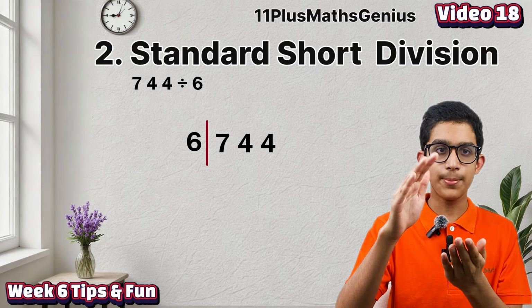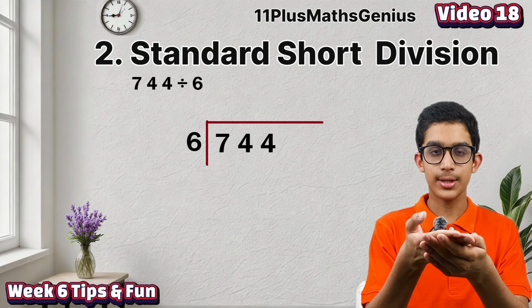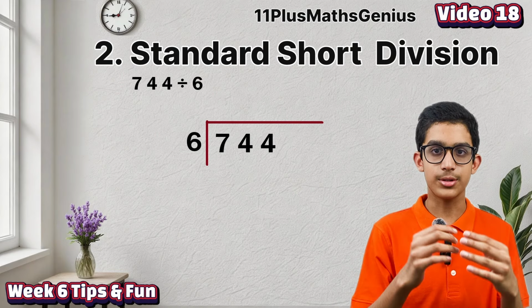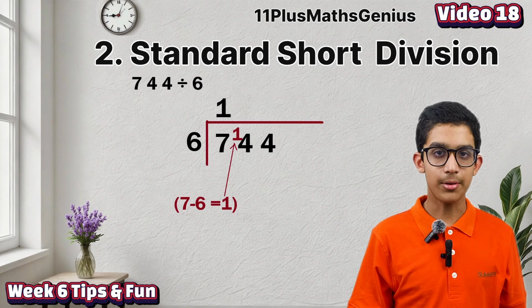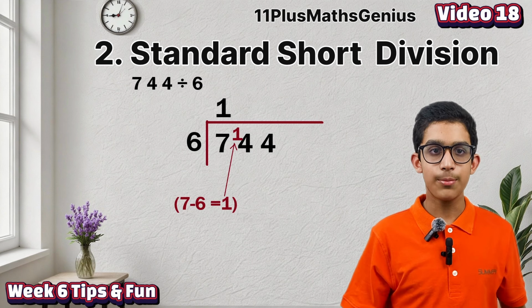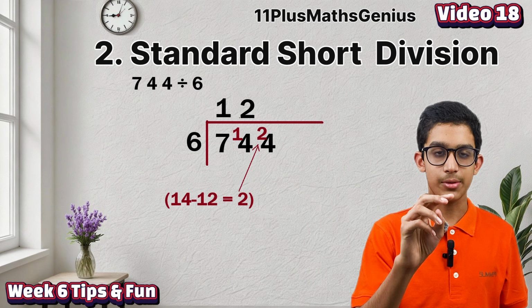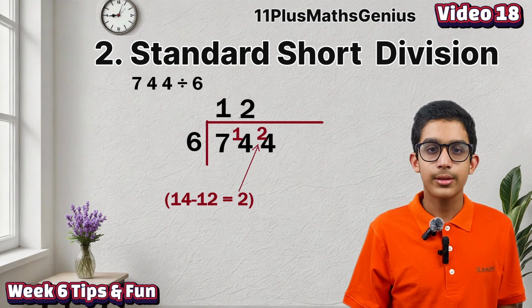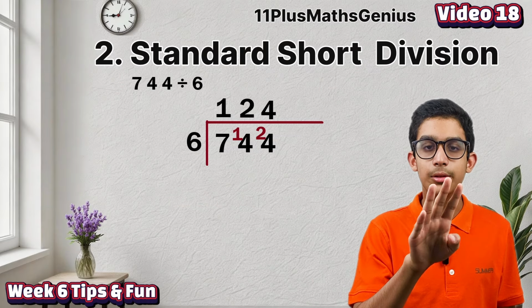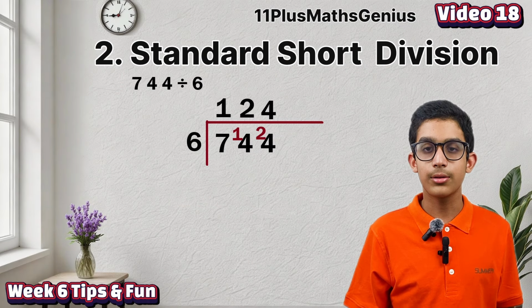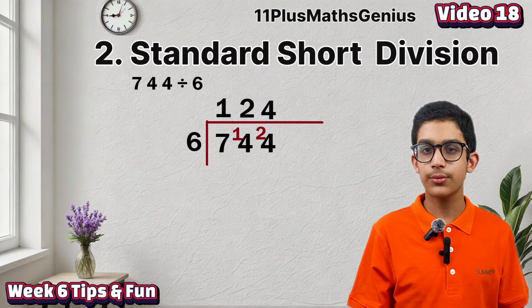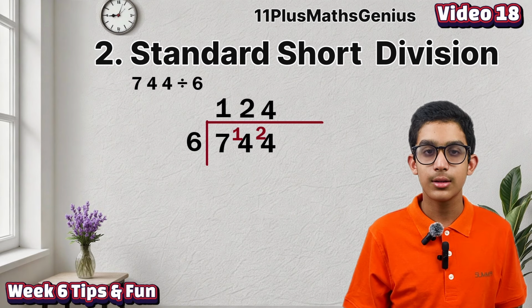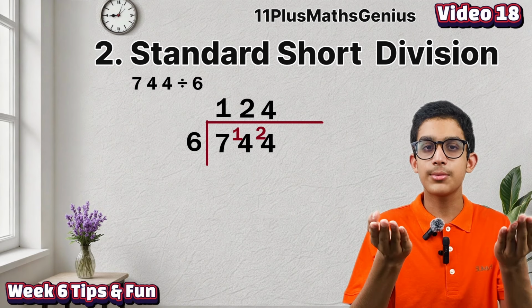On top, we put another line and write the result, or the quotient. So 6 times 1 is 6. We put 1 here. 6 times 2 is 12. We put 2 here. 6 times 4 equals 24. So we do not have any remainder, and the result is 124.